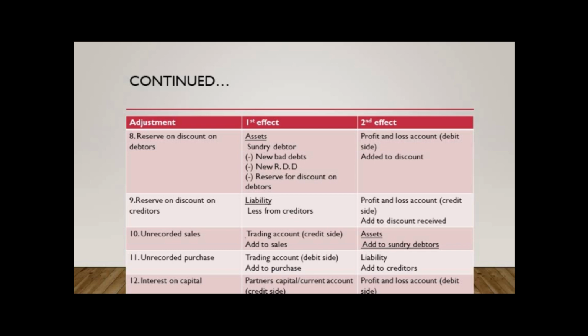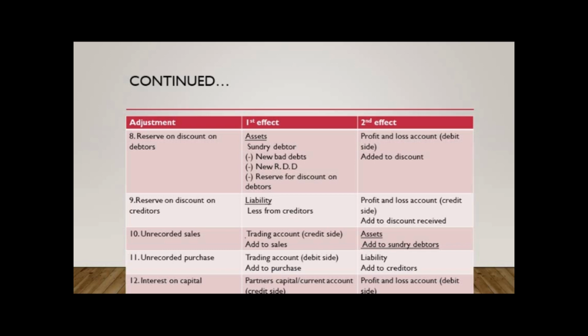And the second effect of unrecorded purchase will come on the balance sheet liability side, sundry creditors. We are going to add it because we have purchased on credit basis, and by this much amount our creditor is going to be increased, therefore we are going to add to the creditor.